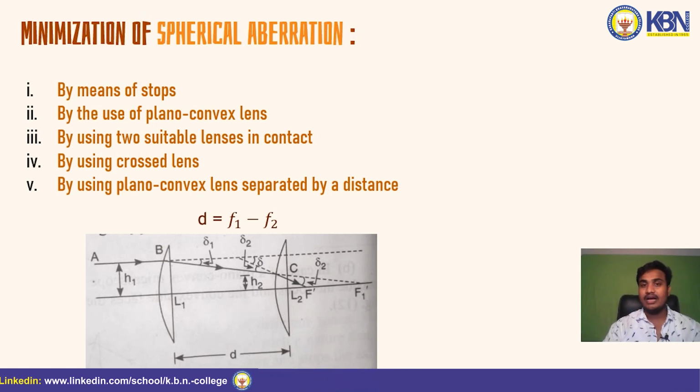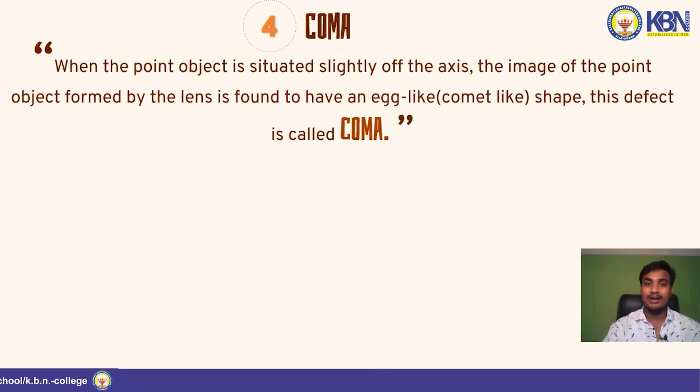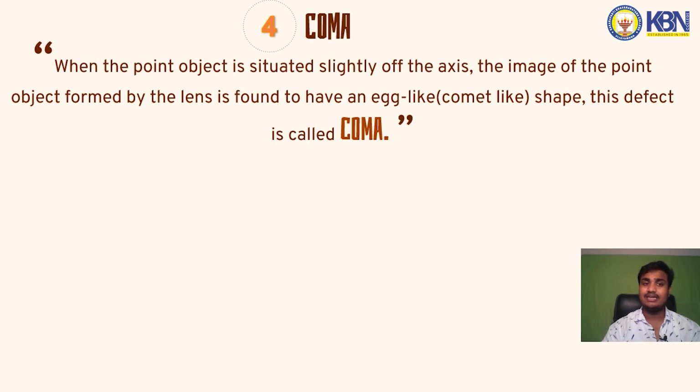Now coming to the second aberration in monochromatic aberration, which is coma. When the point object is situated slightly off the axis, the image of the point object formed by the lens is found to have an egg-like comet shape.